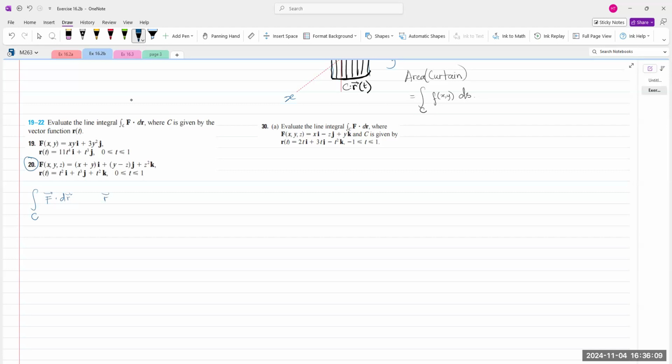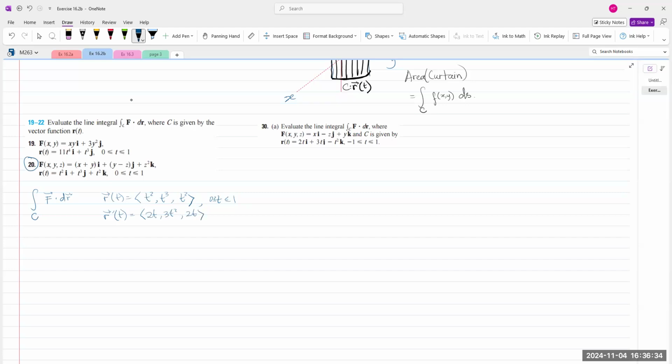So r(t) is t squared, t cubed, t squared, where t is between 0 and 1. Okay, so r prime of t will be 2t, 3t squared, 2t.